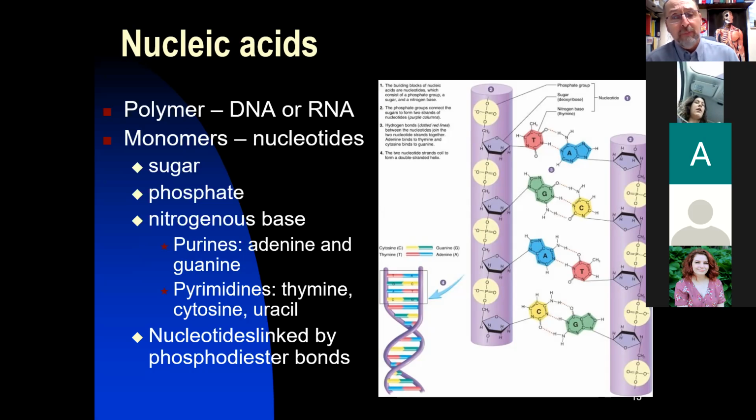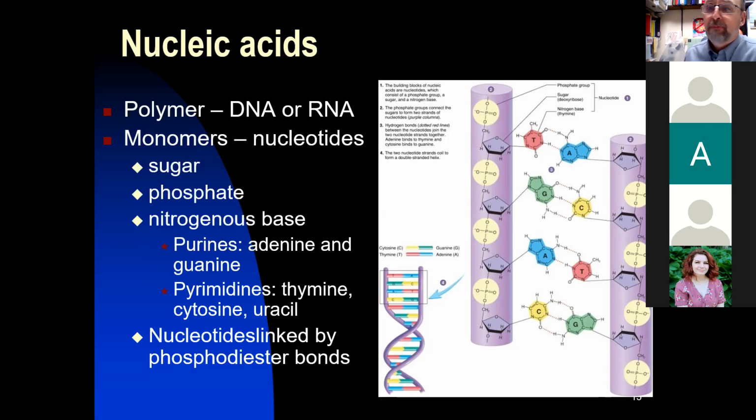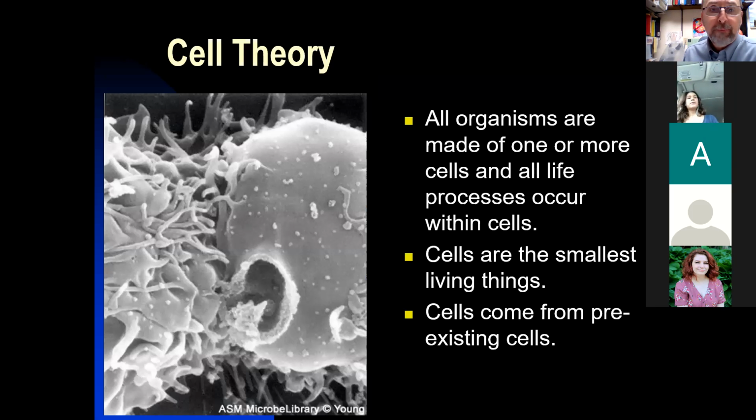RNA is made in the nucleus, but usually works in the cytoplasm. Okay, the DNA is a code that's used to make proteins. Okay, that's really important. RNA is used to regulate DNA and in the making of the protein. Okay, so that'll come up.